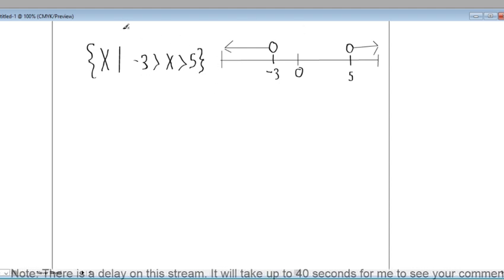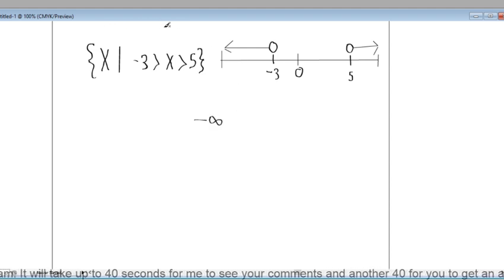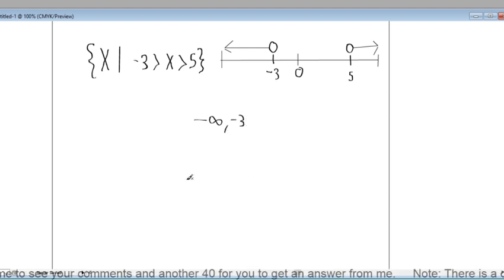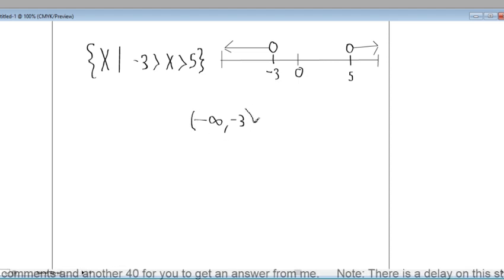So again, left to right, we start all the way over here in negative infinity. And as we go from negative infinity, we keep going until we get to negative 3. And that's the end of that line. Can't be equal to negative infinity, can't be equal to negative 3.